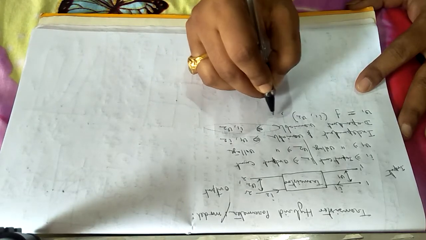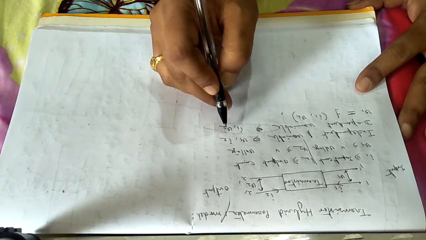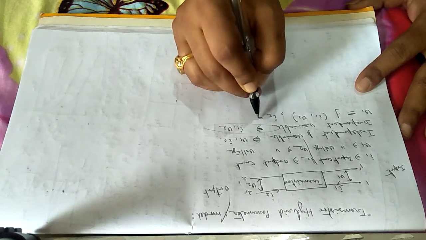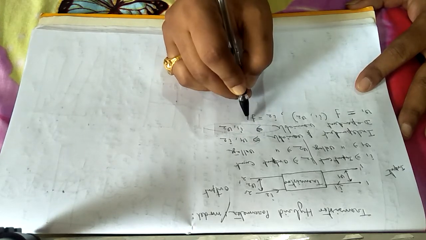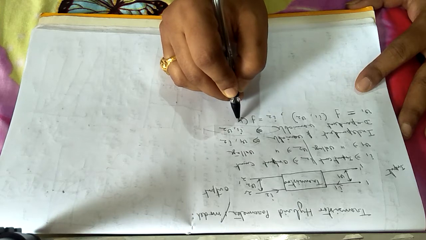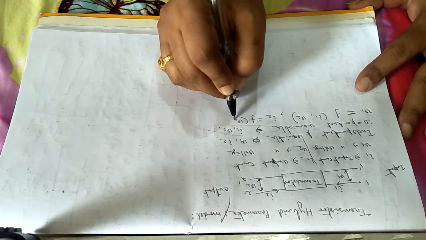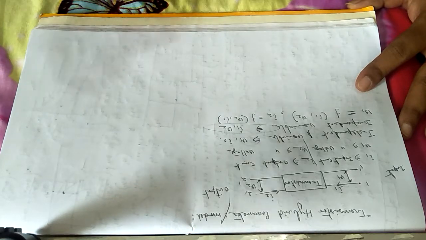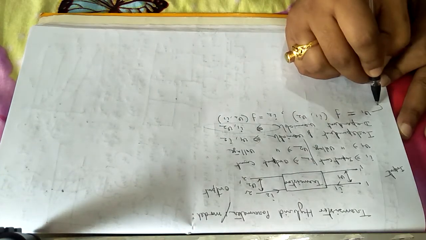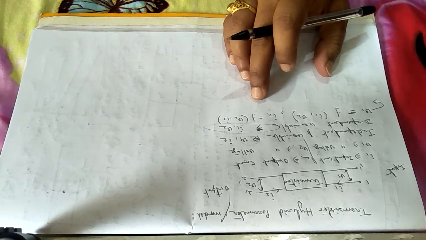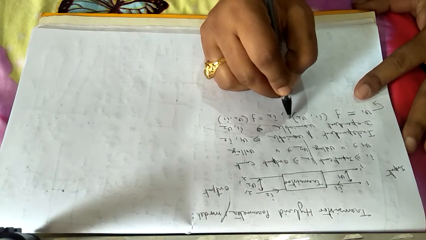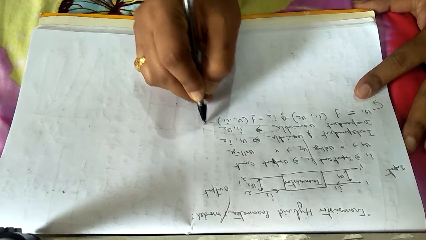And similarly I can write the other one, I2, as a function of the other two, that is V1 and V2. From these equations, I can take the partial differentiation on both sides. Let this be equation number 1 and this be equation number 2.